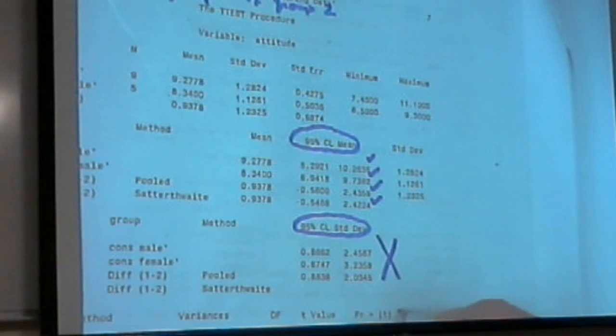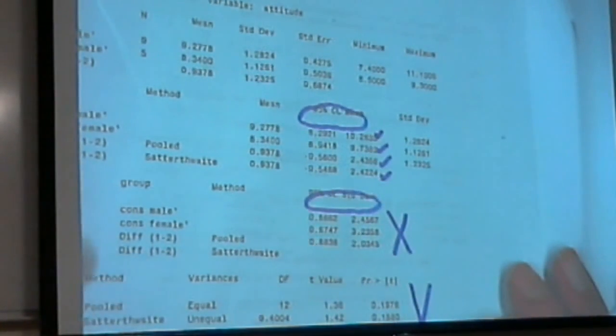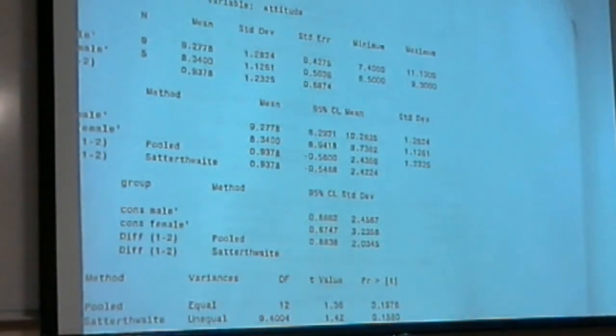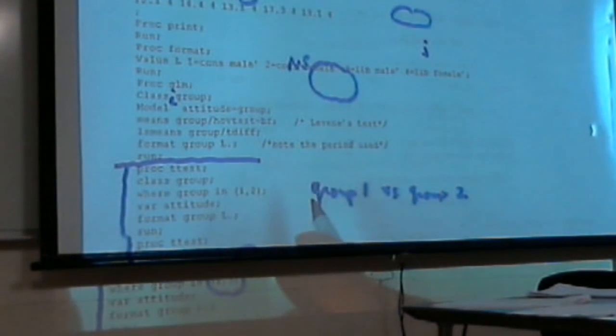And then all of this would be the same. So that has the basic output that was called for by the commands. Now I'm going to do the same thing comparing 1 versus 3.